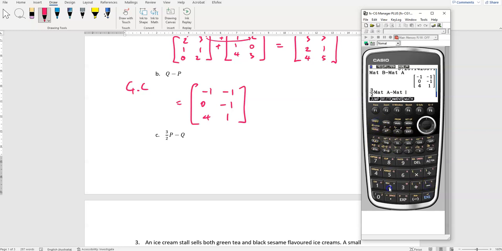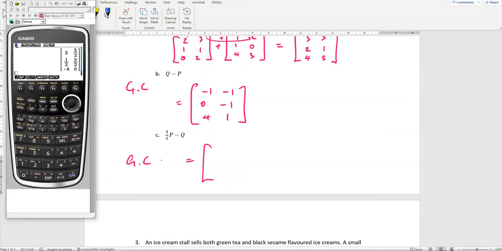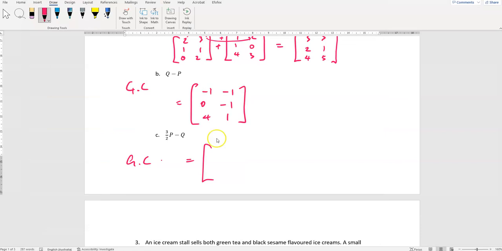Minus matrix B, which is our Q, equals, and that's what we get. Right. So again, the graphics calculator. And let me just pull that out so I can actually copy this down. So that's going to be 2.5, 0.5, 1.5, -4, 0.